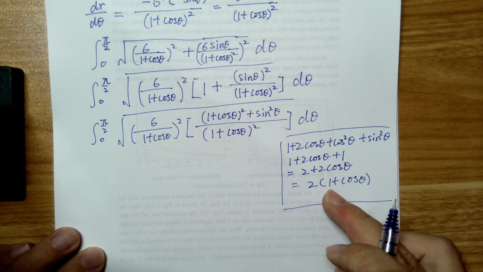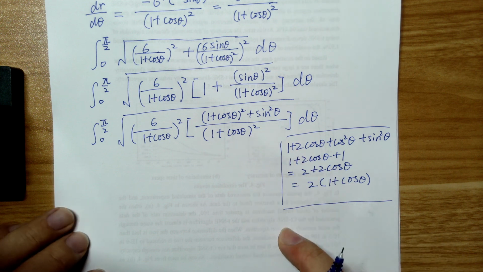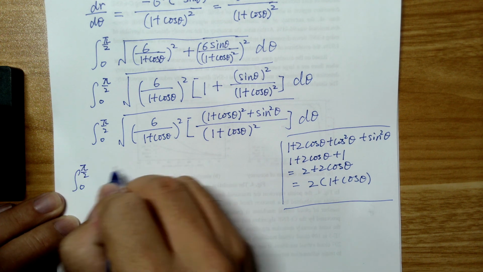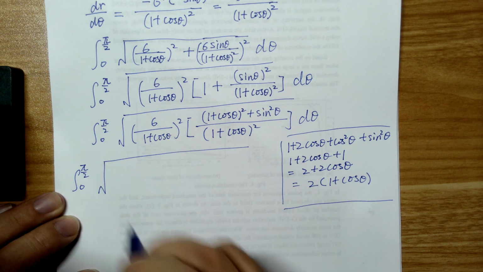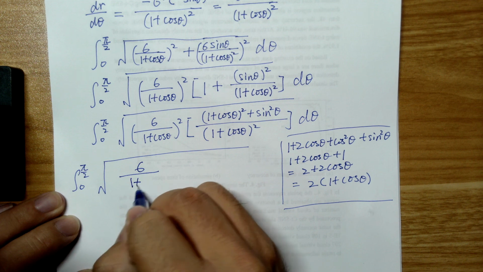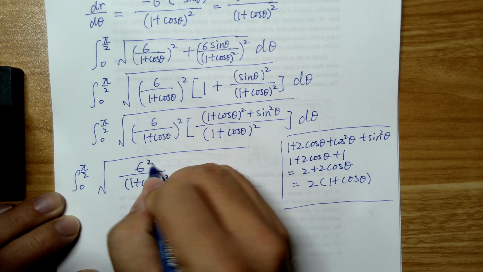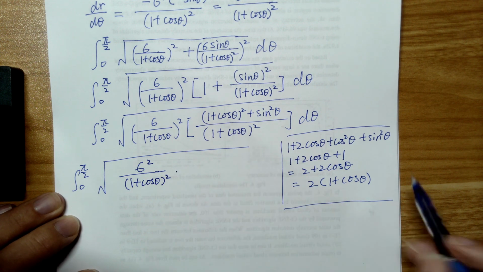So if we replace this, this is what I get. From 0 to pi over 2, the big square root of 6 over 1 plus cosine theta, the square. Well, this is also a square. And then multiply.